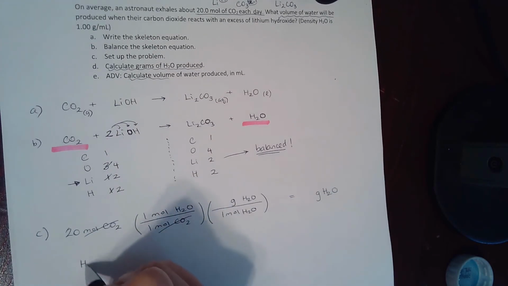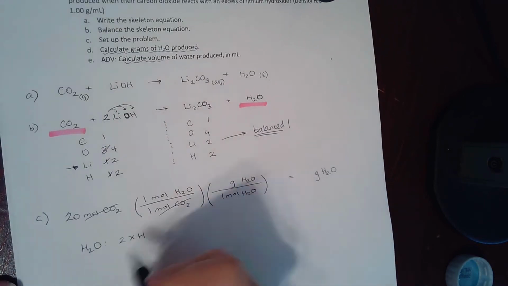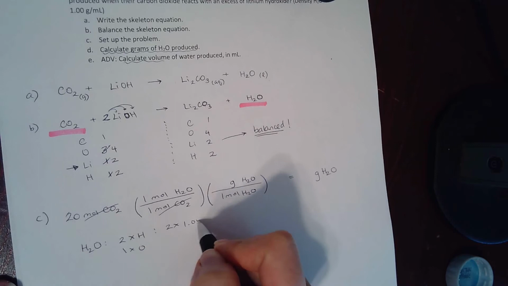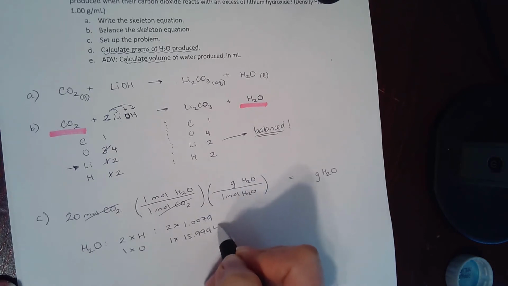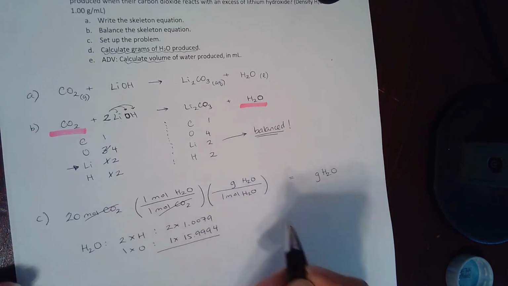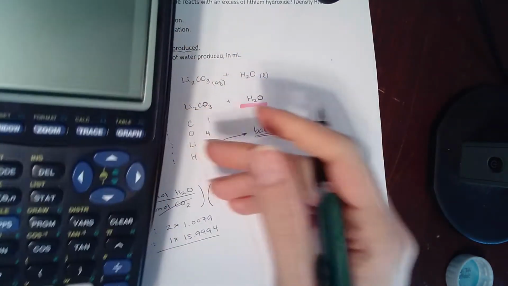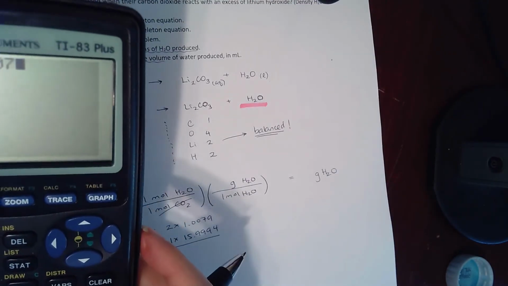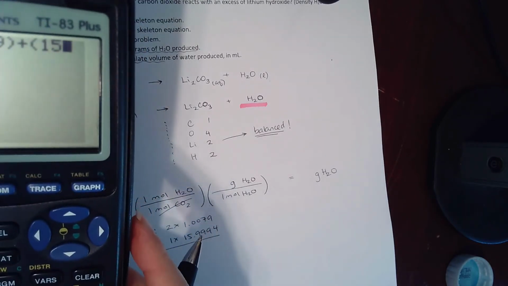So for water, H2O, we've got 2 times our molecular weight of hydrogen and 1 oxygen. So hydrogen is 2 times 1.0079 and 1 times 15.9994. Probably being a little bit too precise here for our needs. So we've got 2 times 1.0079 plus 1 times 15.999.